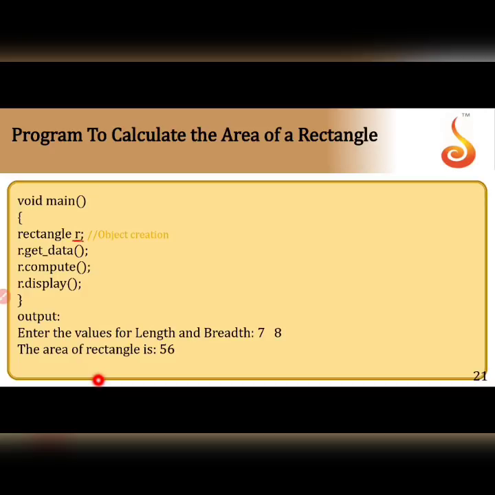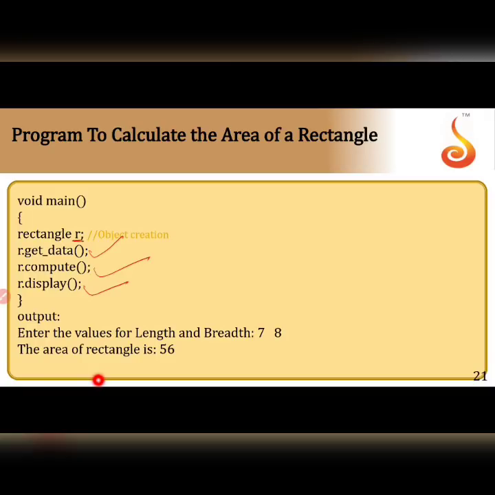That is, I cannot call compute first and later get data, because I need to have data to compute, and once I compute, then only I can display the result. So get data, r dot get data, r dot compute, and r dot display. This will end my main as well as the program which is used to calculate the area of a rectangle.